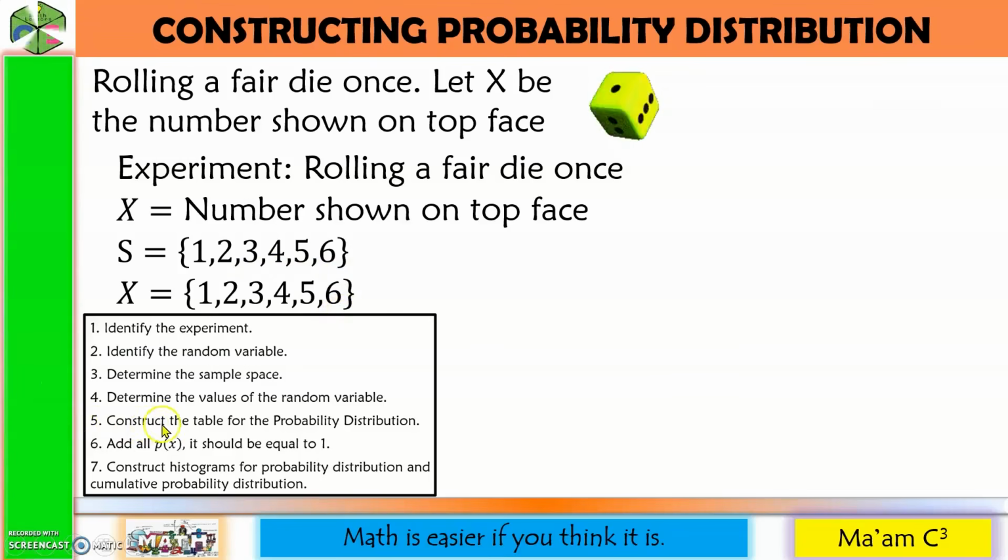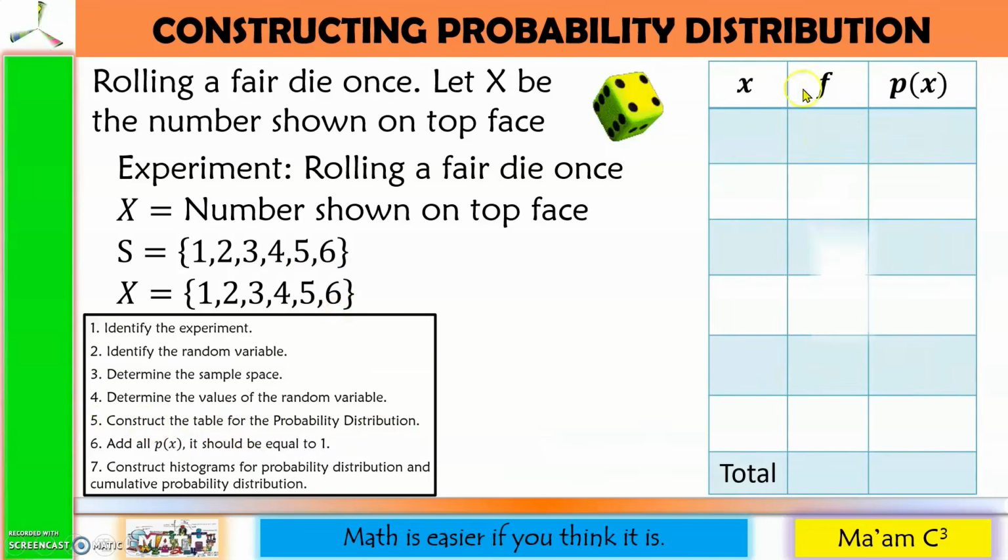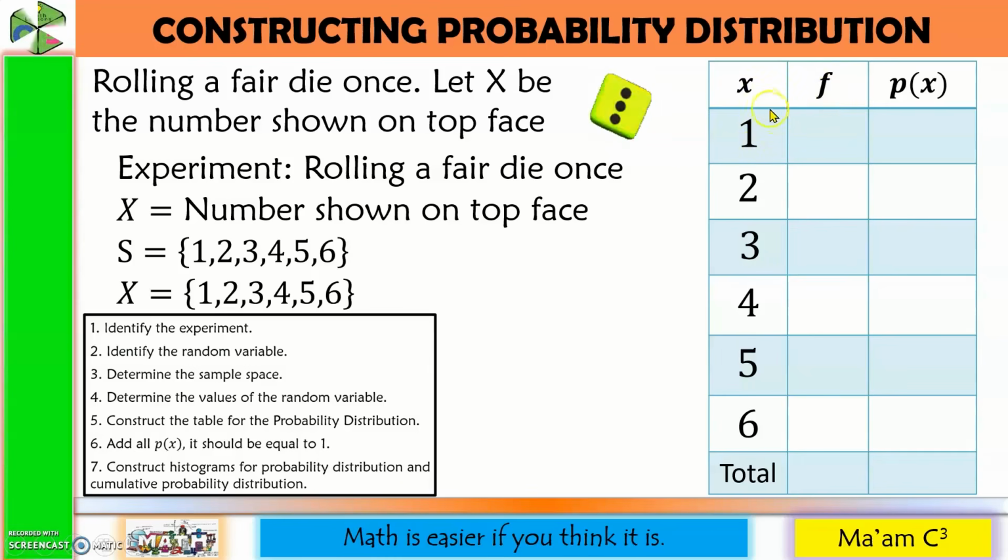Number 5, construct the table for the probability distribution. X here are the possible values of our random variable. So these are 1, 2, 3, 4, 5, 6. F is the frequency. It tells us how often our random variable will occur.